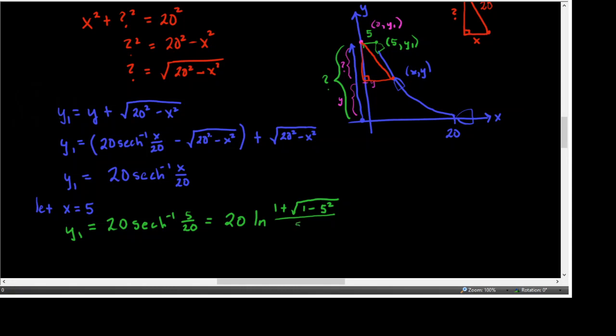hold on, I think I made a mistake. Yeah, x is 5, but we're taking inverse hyperbolic secant of 5/20ths. So everywhere where I just wrote a 5 should be 5/20ths. So let me just erase that and redo that part of it. So yeah, the input is basically 1/4.